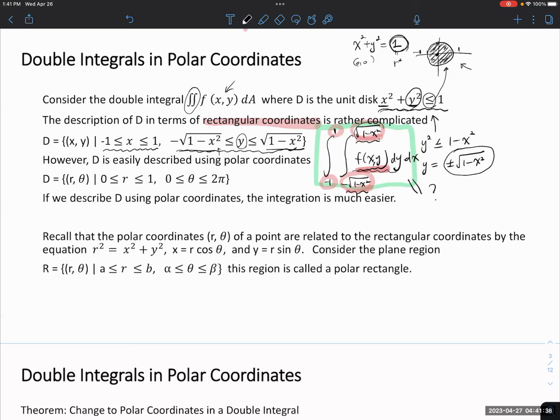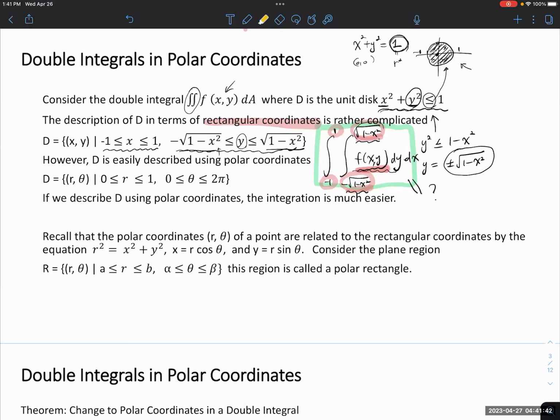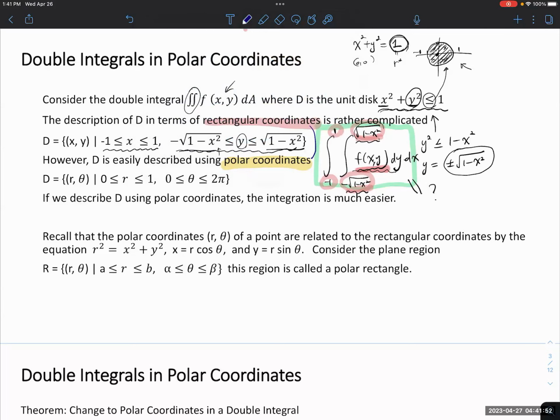So in 5.3, yes, we are going to convert rectangular to polar coordinates. We talked about that conversion in chapter 1 at the beginning of the semester. So what if we convert this one? Then your interval for X and Y should be converted, and the calculation is going to be much, much simpler.